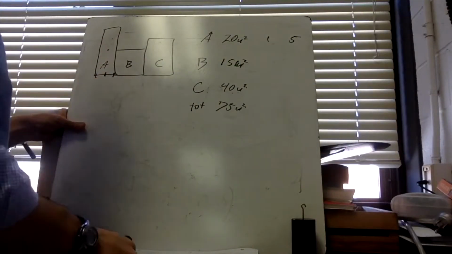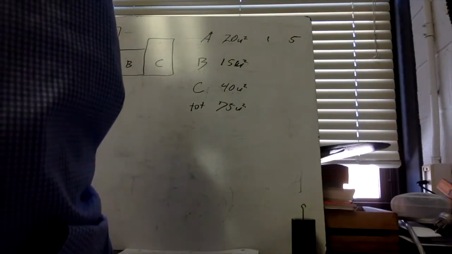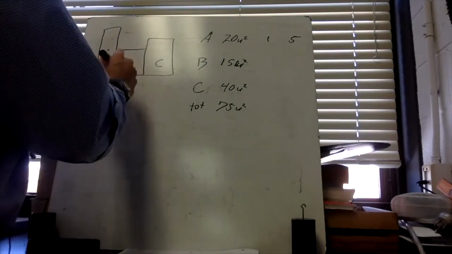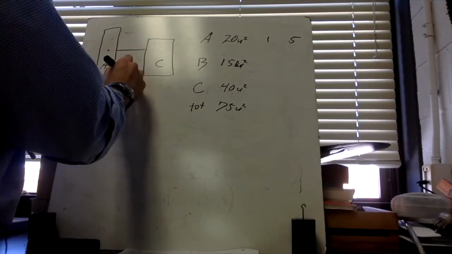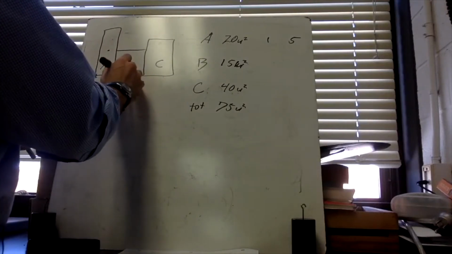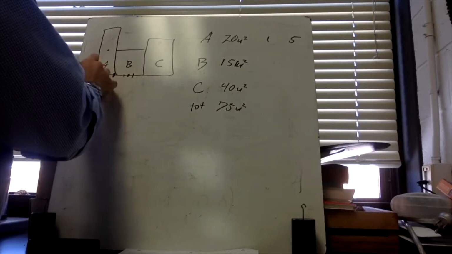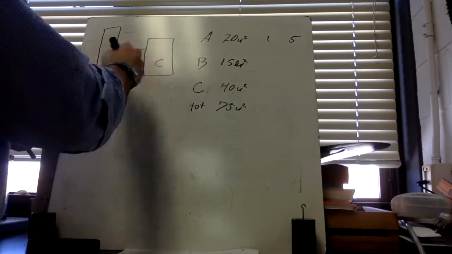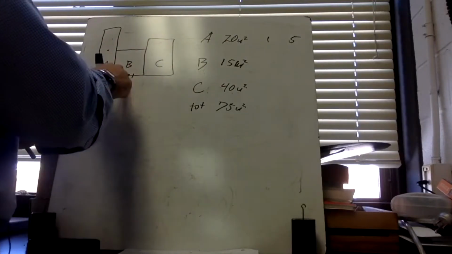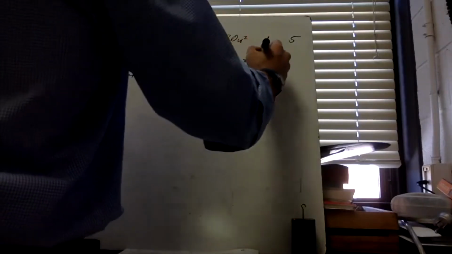For B, let's see, B is 3 wide. It means the center of mass is going to be 1.5 units in, but I'm adding it to this. If this is my origin, I've got to have the same origin for all of these. So the center of mass has an x-coordinate of 3.5.